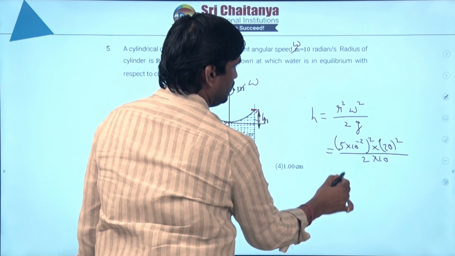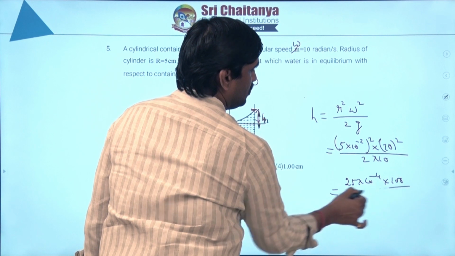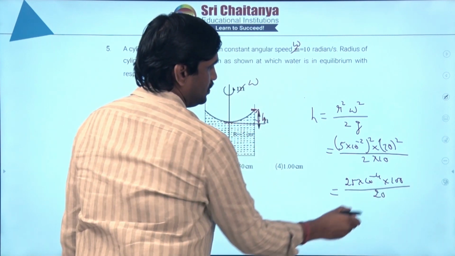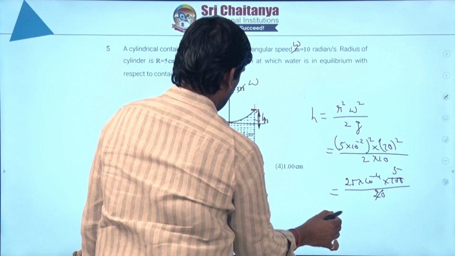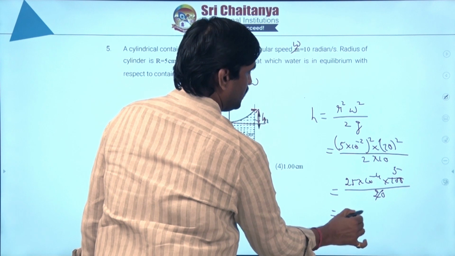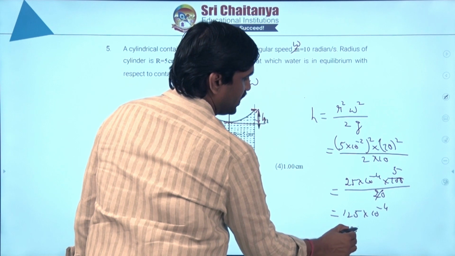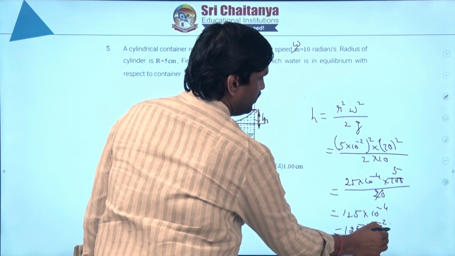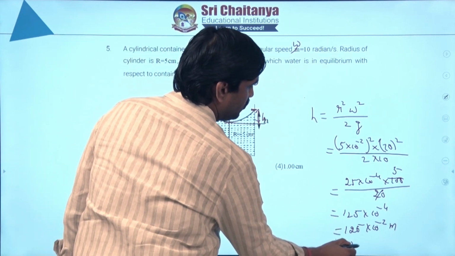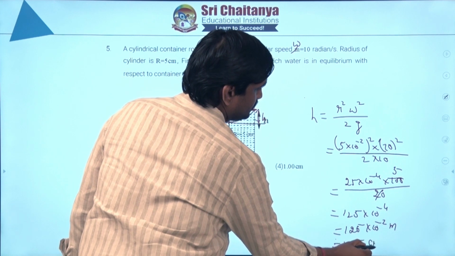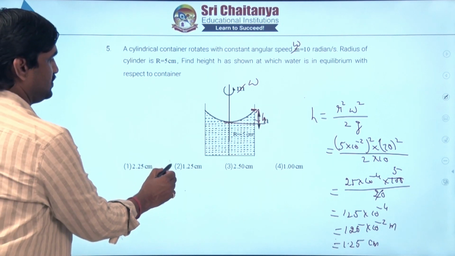Now, by calculating, 25 into 10 to the power minus 4 into 100 by 20, which is equal to 125 into 10 to the power minus 4, which is equal to 125 into 10 to the power minus 2 meter, which is equal to 1.25 centimeter. So, this is the correct answer.